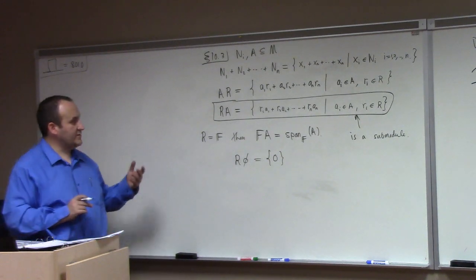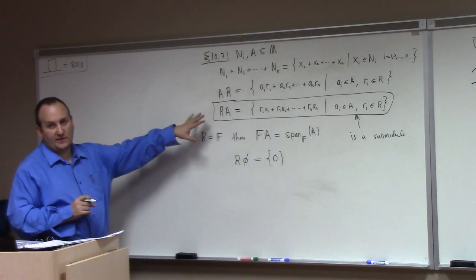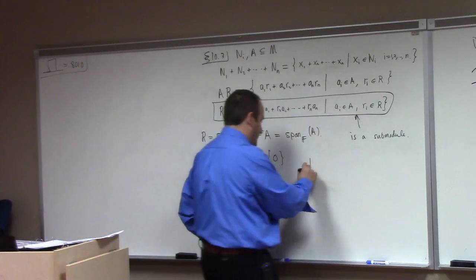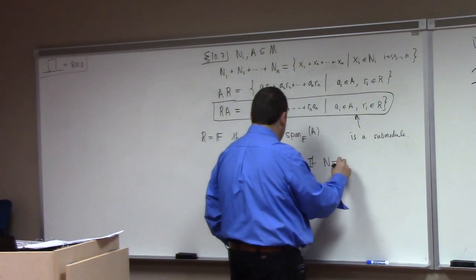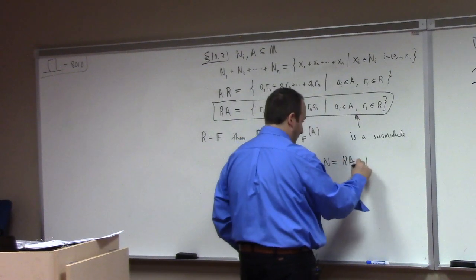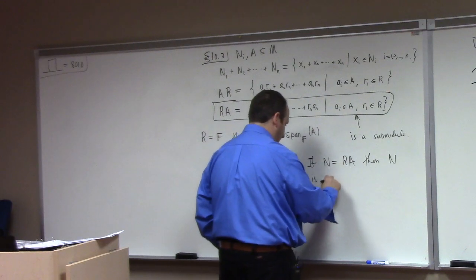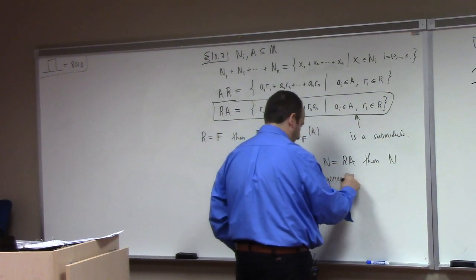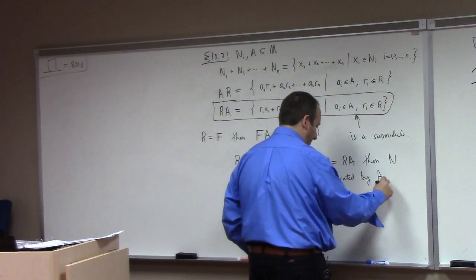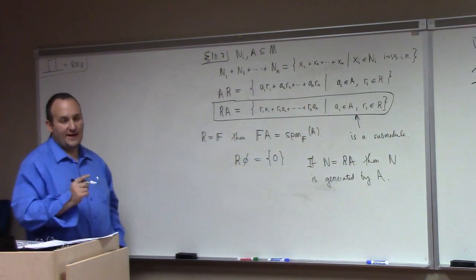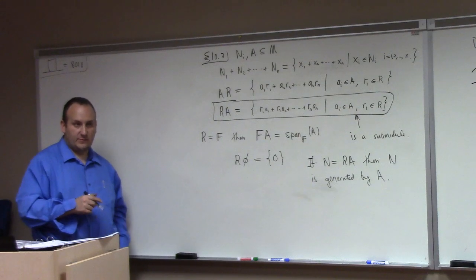Now, in this case, we say that A is a set of generators for this submodule. All right? So if N is equal to RA, then N is generated by A. If A is a finite set, then what do we say about N?